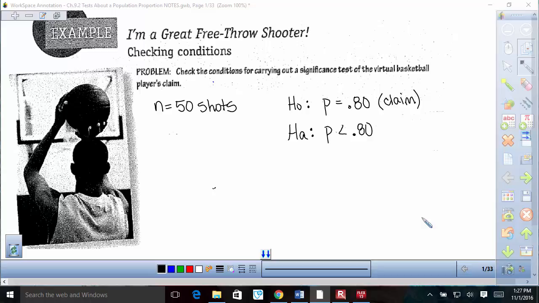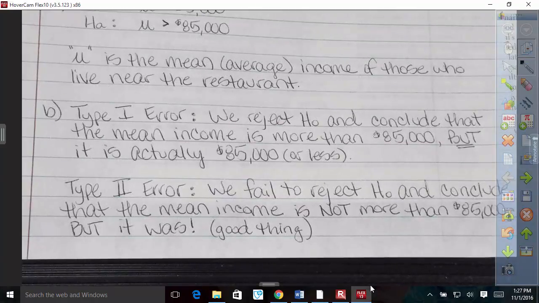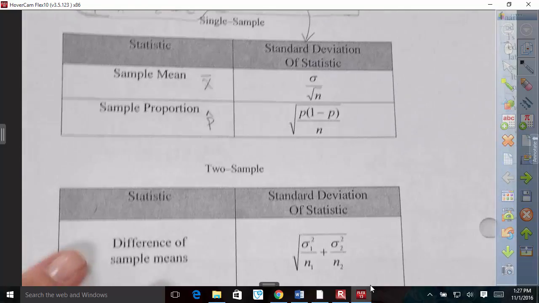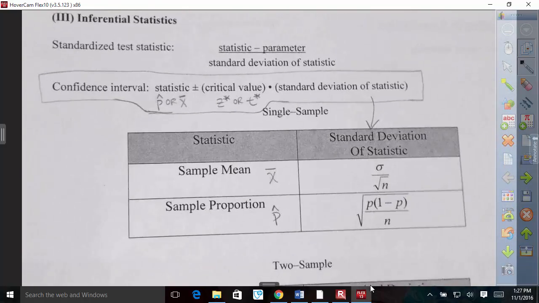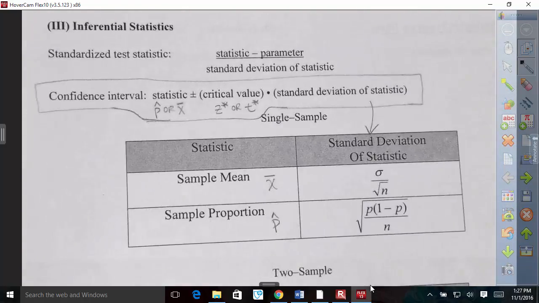It doesn't matter. Before we check the conditions, I want to show you the formula sheet. You don't have to get out your formula sheet, I just want you to look at this one. It's got this formula at the top where it says standardized test statistic. Y'all see that?